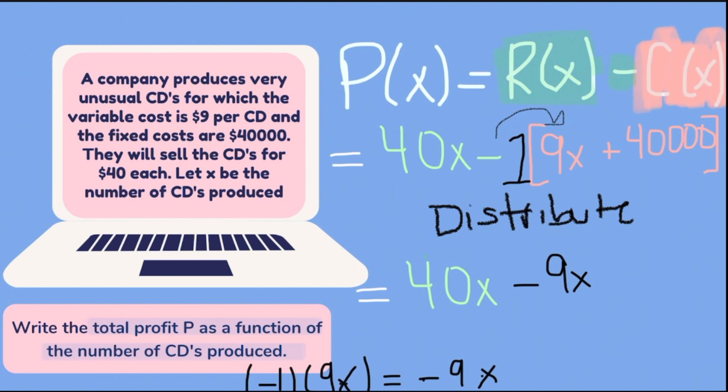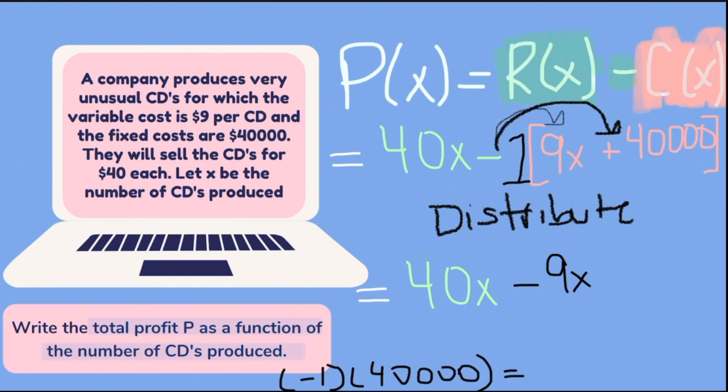We also have to distribute -1 to the positive 40,000. That's a new multiplication. So, -1 multiplied by positive 40,000 equals -40,000, which also needs to be respected in our function. Hence why I'm writing subtract 40,000.